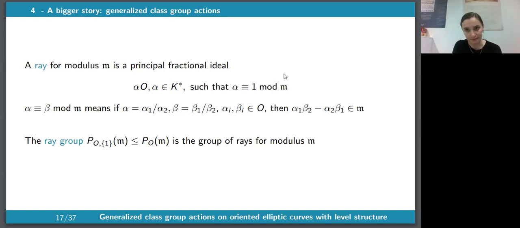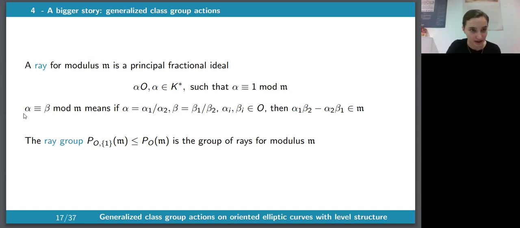Let's see what a ray for a certain modulus M is. A ray for a modulus M is a principal fractional ideal generated by some element alpha, an invertible element of the field K, such that alpha is congruent to one modulo the modulus M. I'm going to tell you what this means just for completeness, but you can also forget about it.